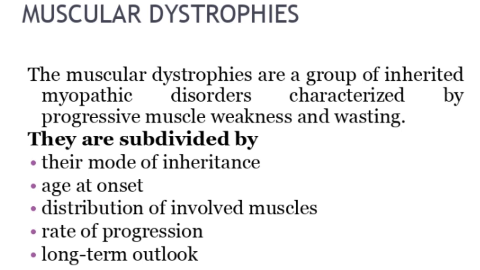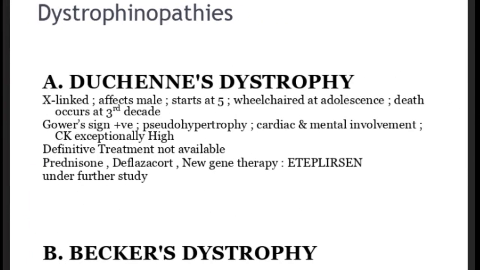Muscular dystrophies. The muscular dystrophies are a group of inherited myopathic disorders characterized by progressive muscular weakness and wasting. They are subdivided by their mode of inheritance, age at onset, distribution of involved muscles, rate of progression, and long-term outlook. Now we talk about dystrophinopathies.